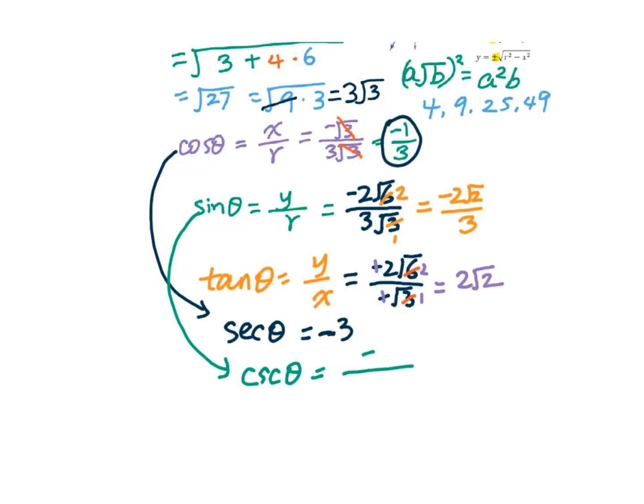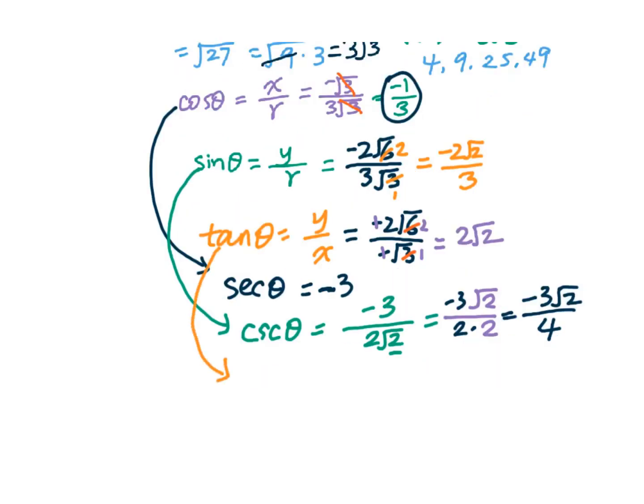That is negative 3 over 2 square root of 2. Square root of 2 as a denominator. So we simplify as square root of 2 over 2. Then carry on this negative 3 and 2. You will get denominator is 4, negative 3 square root of 2.